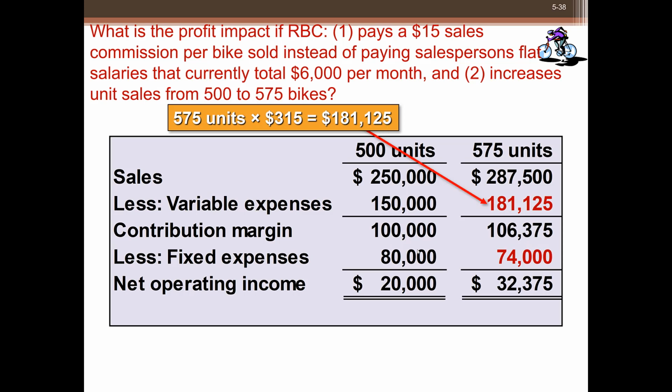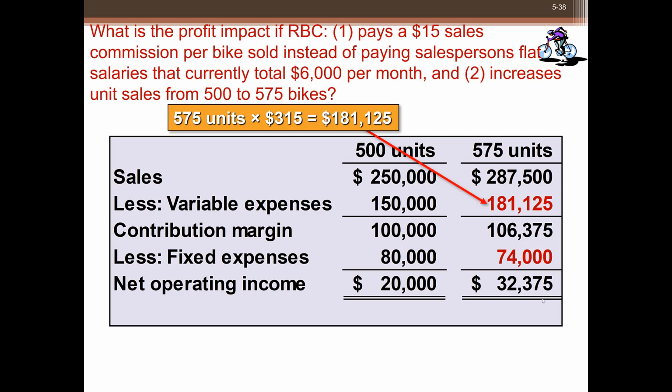The difference is contribution margin, and we minus fixed expenses. Fixed expenses decreased by 6,000. Here you can see, because the flat salaries for salesperson, 6,000, are replaced by $15 sales commission per bike. So here, fixed expenses dropped from 80,000 to 74,000.